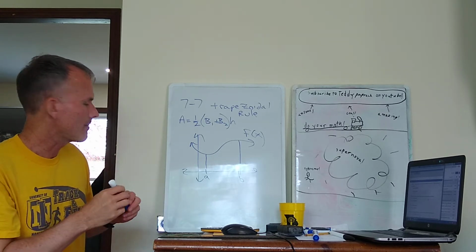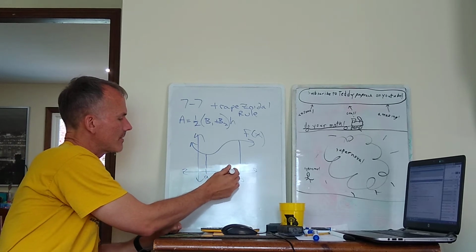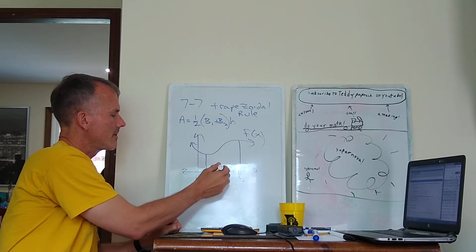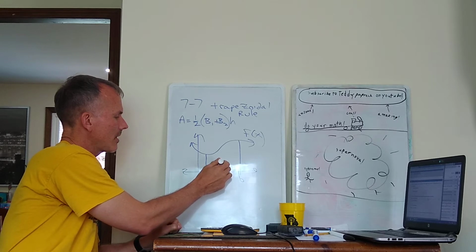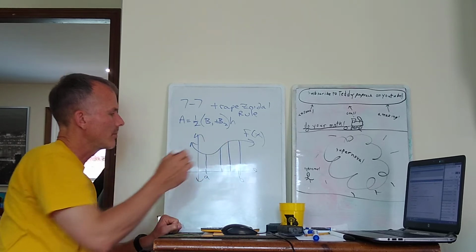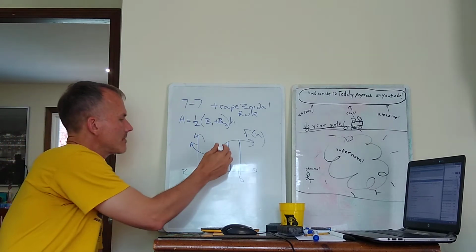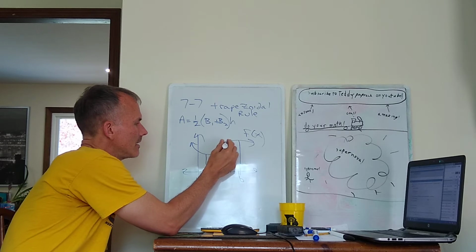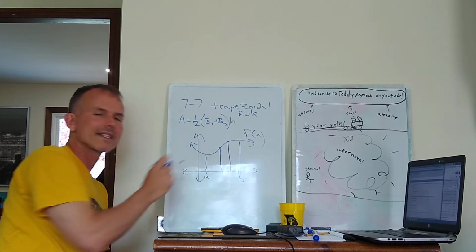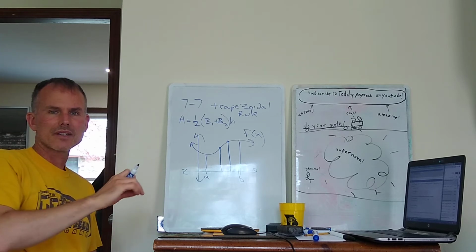So let's draw a typical trapezoid under here. Let's say that one subinterval goes from here to here. We draw up to the curve from both endpoints of the subinterval, and then I connect those 2 points where the edges of the subinterval meet the curve.